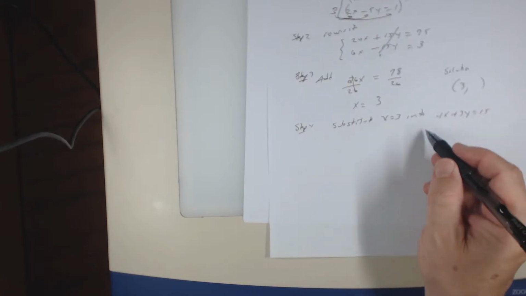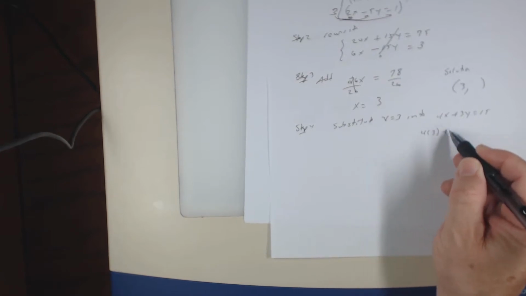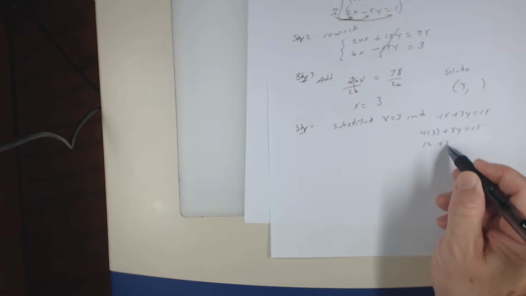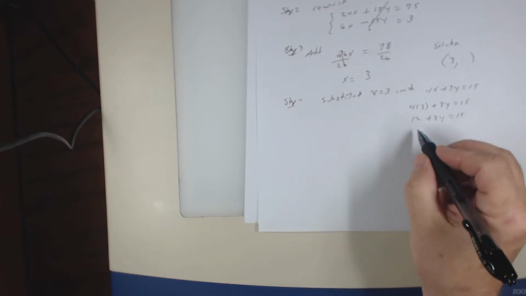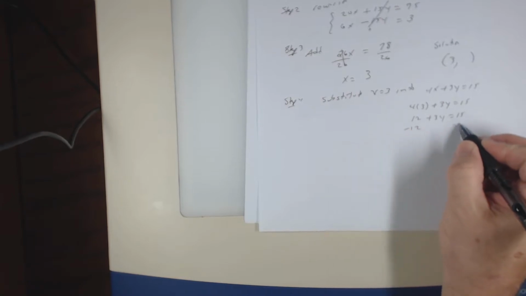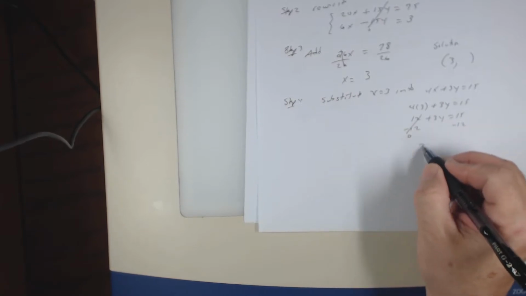So we have 4 times 3, right? Plus 3y equal 15. So 12 plus 3y equal 15. What's the next step? 3y equal 3. And so therefore y equals what? 1. So you found your solution. So the solution is 3, 1.